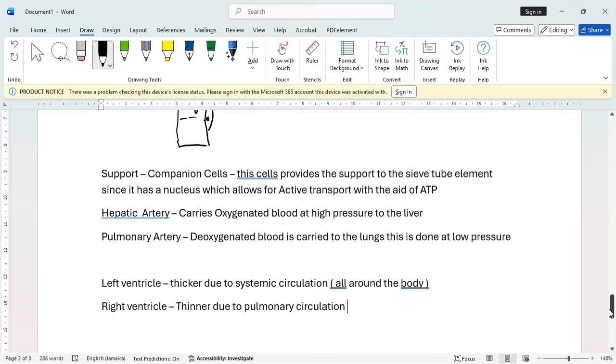So it's the same thing happening in the heart. If the left side has to be pumping this blood all over your body, then it would be necessary for it to have more muscle to get more energy to do that pumping of the blood. While the right side is only pumping the blood right there.